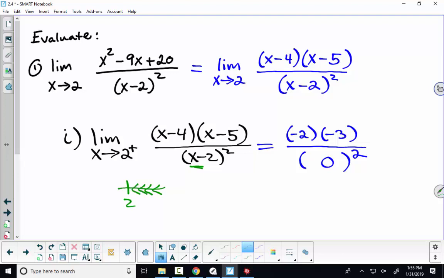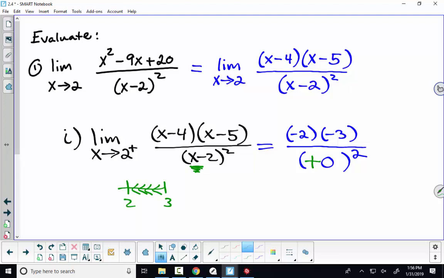We're approaching through all of these values. Any of these values in for x will result in subtracting 2 from it, so those values will always be positive. Is everybody all right with that? Are there any questions at all?